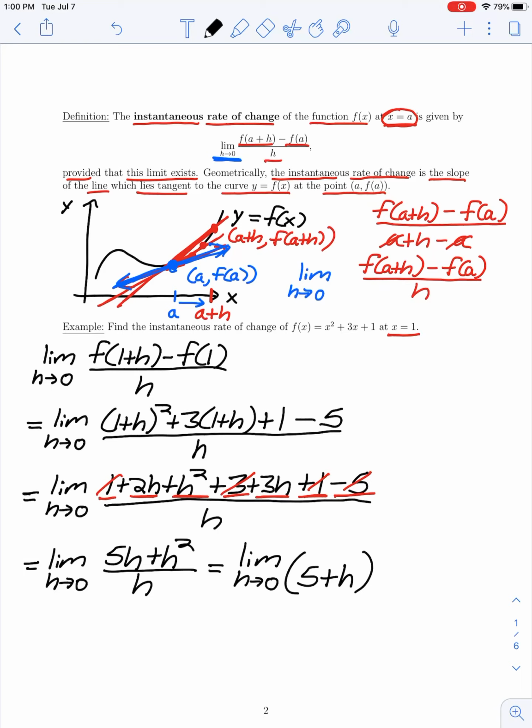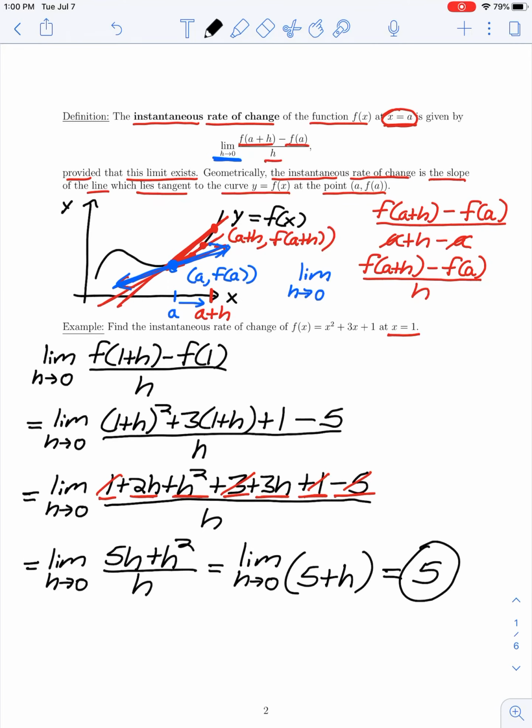So now in my last step, I'm taking a limit of a polynomial function as h approaches 0. We know the limit of a polynomial we can find by simply plugging in the limiting value of h. So plugging in 0 for h, we're left with a value of 5.